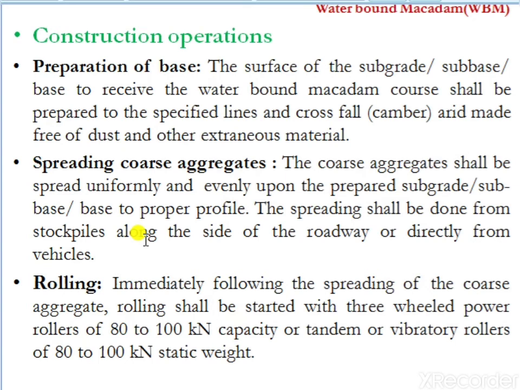So after spreading the coarse aggregate over the layer, what's the next process, or what's the third process? So the third process is rolling. Immediately following the spreading of coarse aggregate, rolling should be started with 3-wheeled power rollers of 80 to 100 kN capacity or tandem or vibratory rollers of 80 to 100 kN static weight.